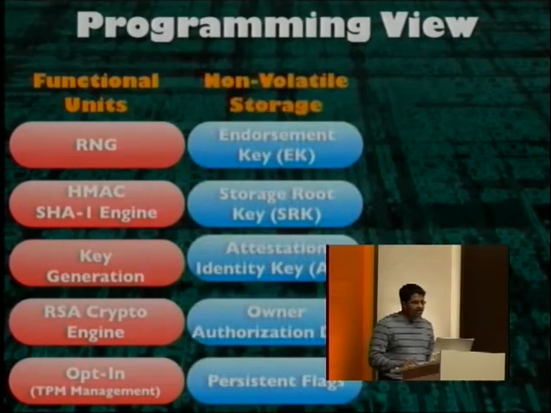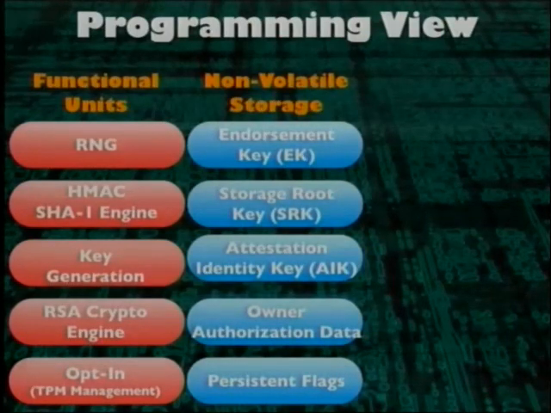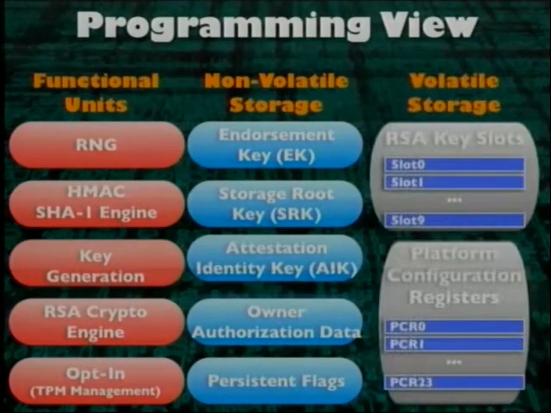It has a bunch of keys. We will come to the stuff that actually matters to us in this talk. But it actually has storage now that you can use for anything you want. It's very small, but it has some storage. And it has a bunch of registers that can contain SHA-1 hashes of whatever you want. If it sounds vague, let's get to it in a moment.